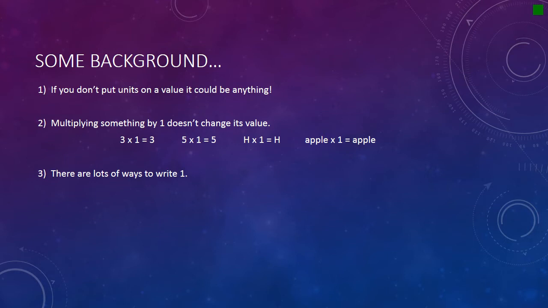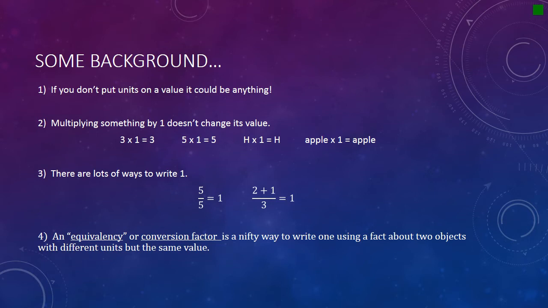So some things that equal 1: 5 over 5 equals 1, 2 plus 1 over 3 equals 1, and if we take it to its conclusion, we have what's called an equivalency or a conversion factor, where we take two units and an amount of those that equal each other, and we've written 1.